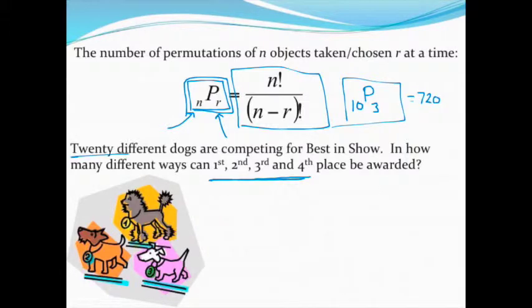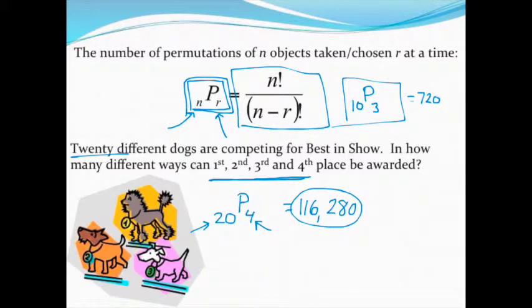There are 20 dogs competing in this, so n is 20. Usually when I read these, I say 20 pick 4, even though P stands for permutation, and then I care about 4 of those positions. So I have 20 options to pick from. I care about finding 4 of those options. So typing this into my calculator tells me that I've got 116,280 different ways that 20 dogs can finish in first, second, third, and fourth place.